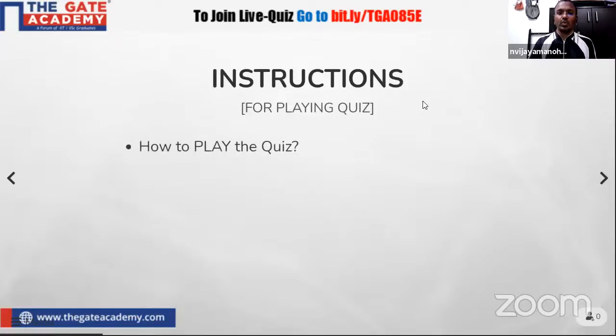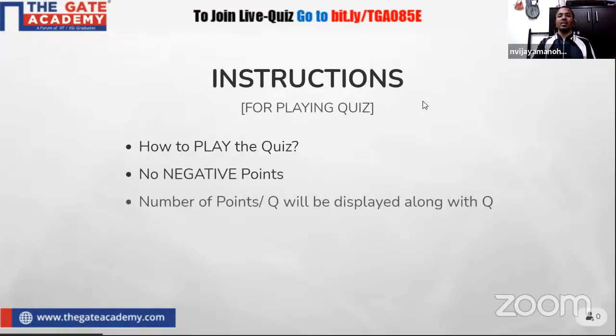So how to play the quiz? As I told you, all the questions are going to be multiple choice questions or numeric aptitude based questions. For numeric questions, you just key in the value. For the multiple choice questions, you just select. There are no negative points, so you can play without any fear.